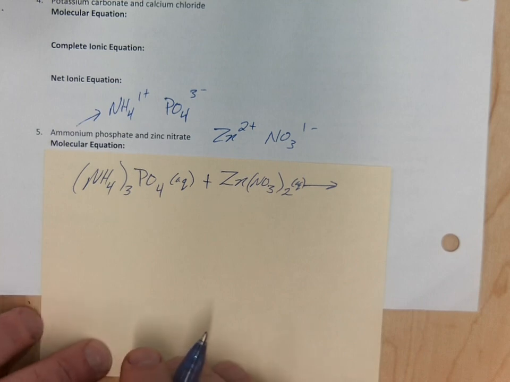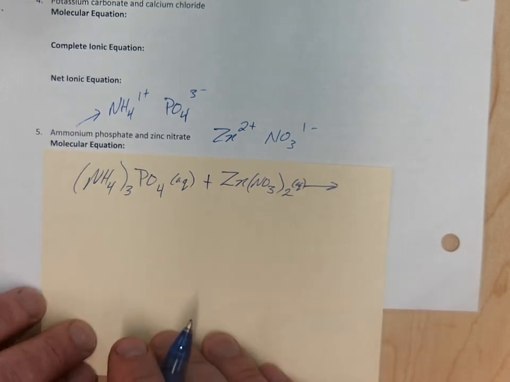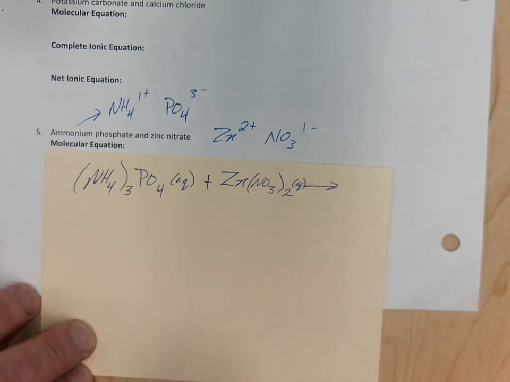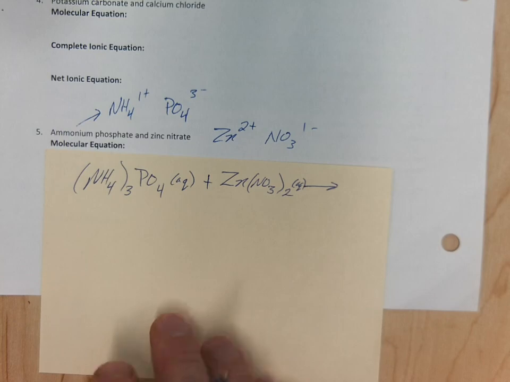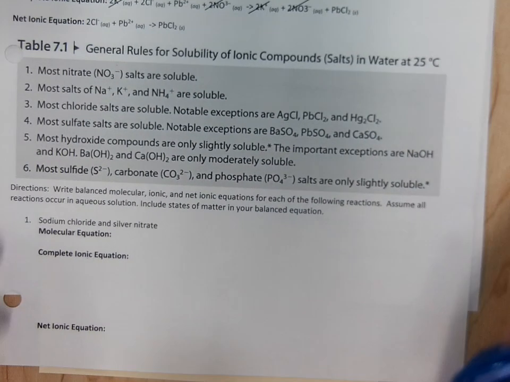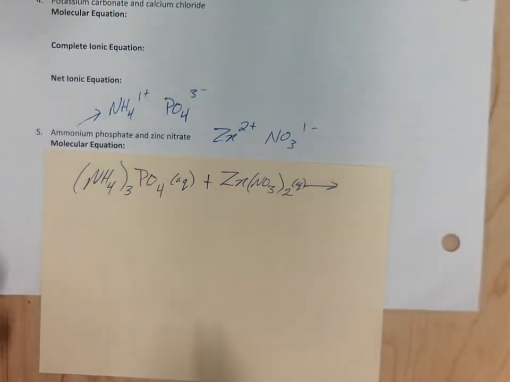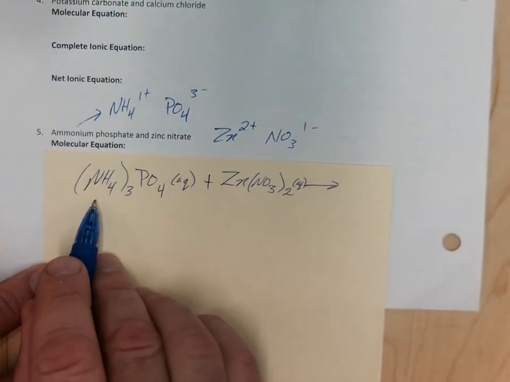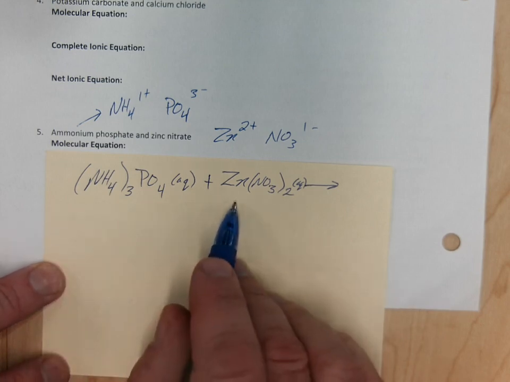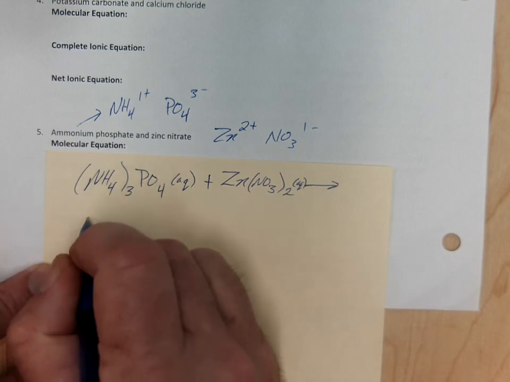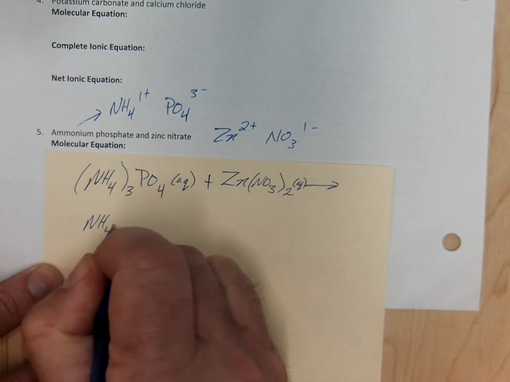Then what you need to know, which was at the beginning of the worksheet, is that these are double replacement reactions. If they are double replacement reactions, then you've got to follow the solubility rules that I gave you, and they are right here. Most nitrates are soluble, so if the ammonium trades places with the zinc, then one of your products is going to be ammonium nitrate.